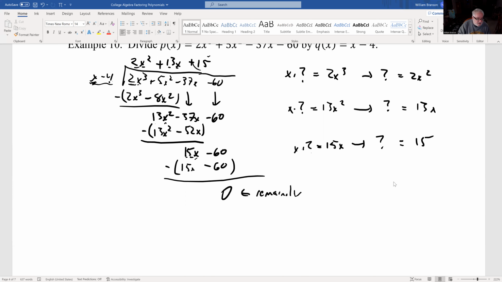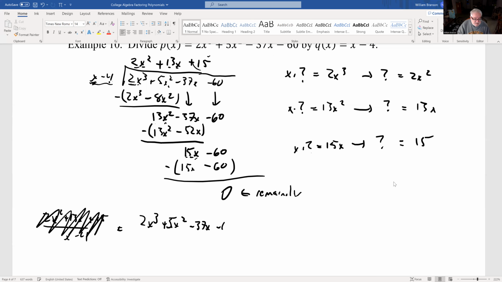So we can write our solution as 2x cubed plus 5x squared minus 37x minus 60 over x minus 4 equals 2x squared plus 13x plus 15 plus 0 over x minus 4.